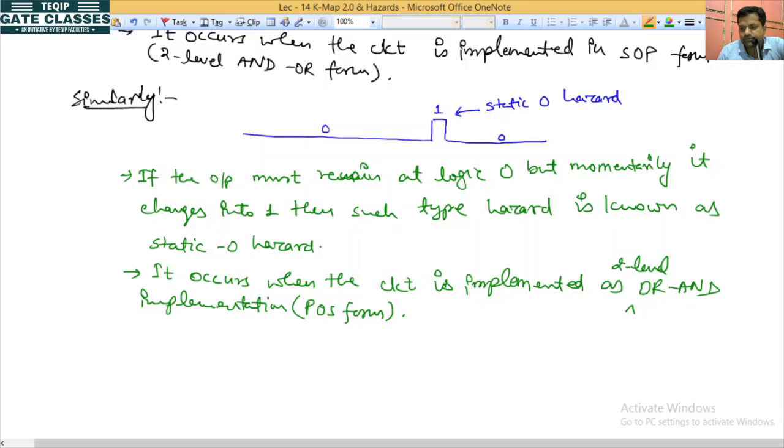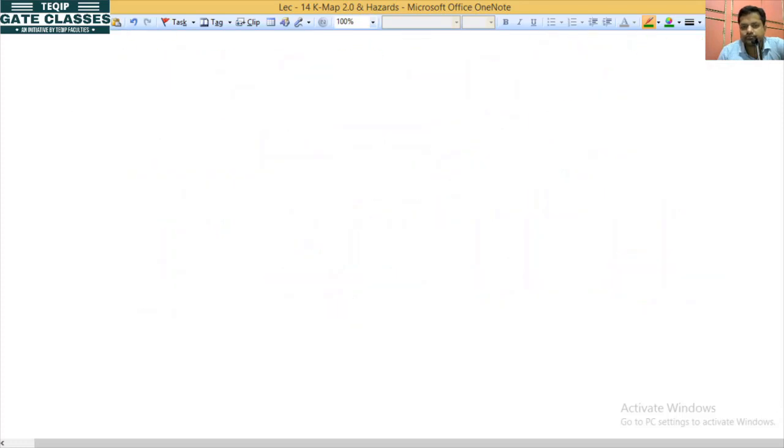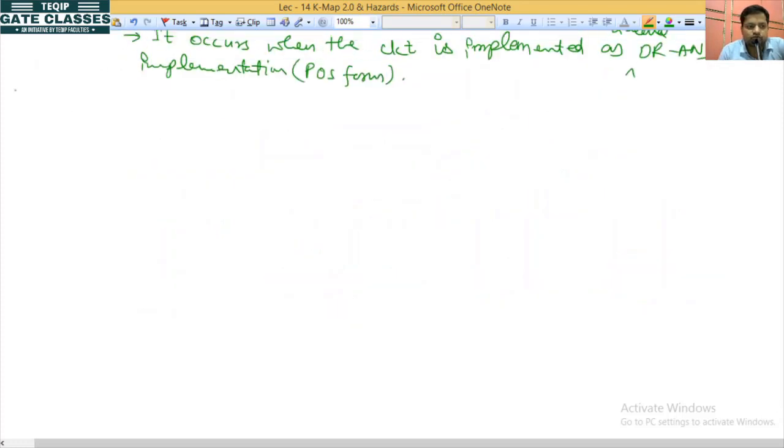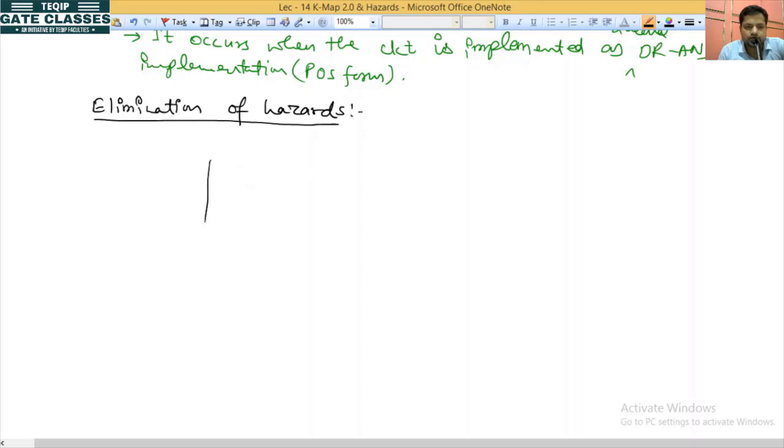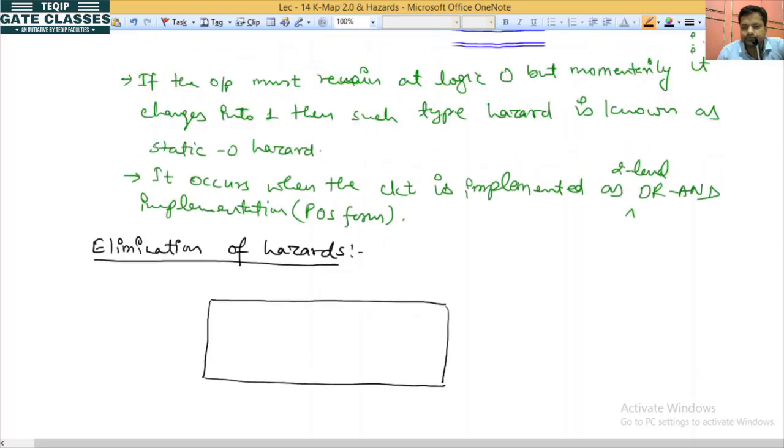So what is the solution of this? What is the solution of hazard? Elimination of hazard. If you talk about elimination of hazard, first of all we have to consider what will be the function for that circuit.